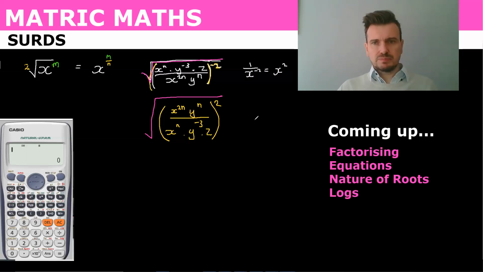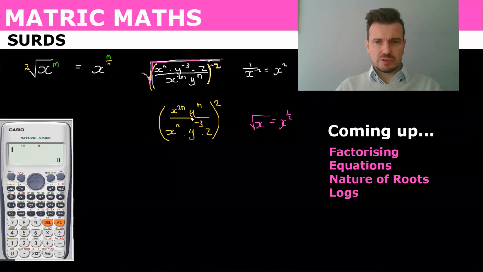Something we need to bear in mind is that the square root of x is equal to x to the half. So instead I'm going to change that root sign to the half.